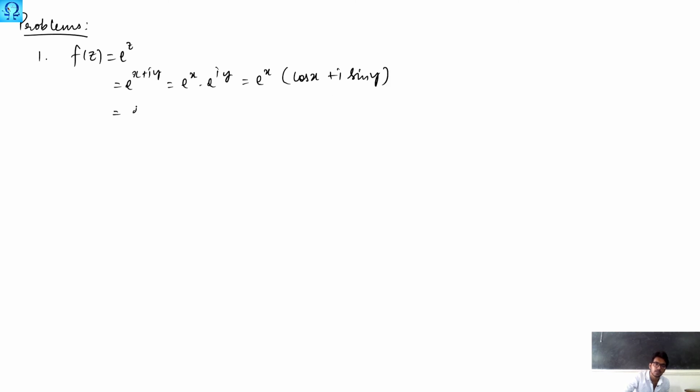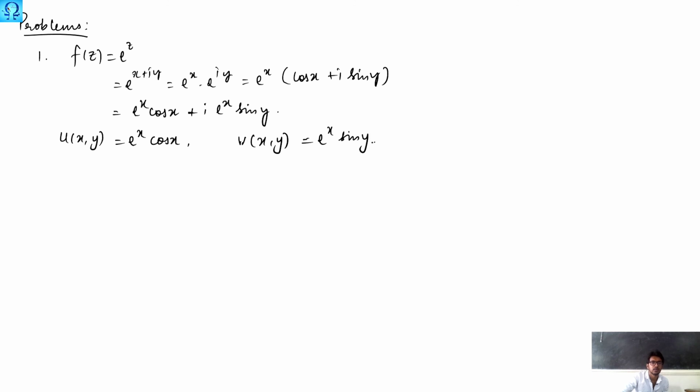So this is e power x cos y plus iota times e power x sin y. Therefore the function u is e power x cos y, and v of x, y is e power x sin y. And you just try to find out these things.